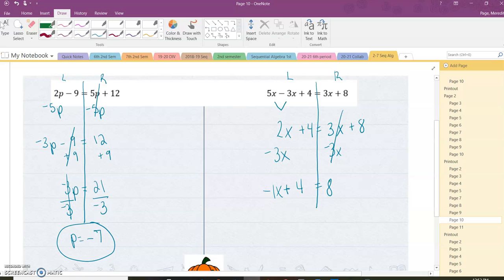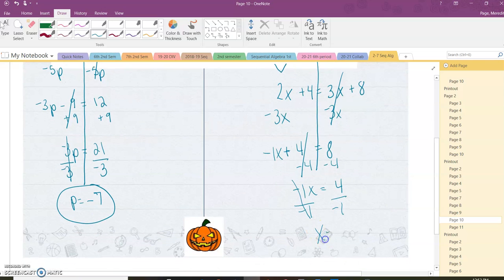Need to move over that positive 4 by subtracting 4 to both sides. Negative 1x equals 4, because 8 minus 4 is 4. And then I have negative 1 times x, so the opposite of times is to divide. Make sure you divide by a negative 1 though, okay? Cross out the negative 1's, x is equal to negative 4.